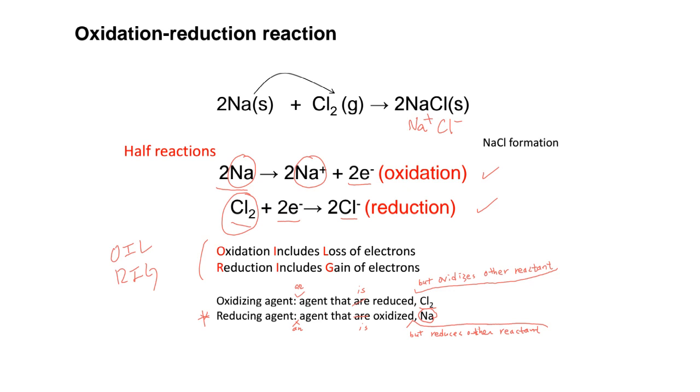So these electrons are used to reduce the chlorine molecule, right? So therefore, the sodium can be called a reducing agent. So it is very important to remember the definition of oxidation and reduction, and the oxidizing agent and reducing agent.